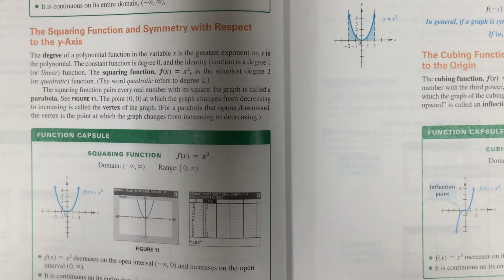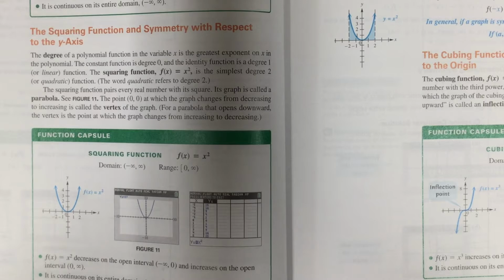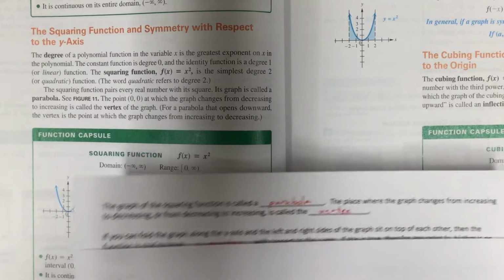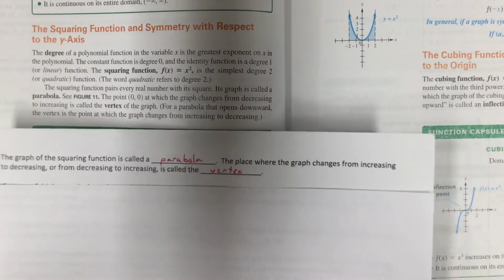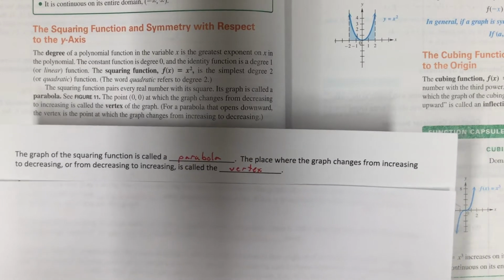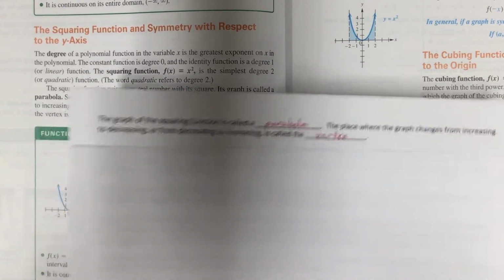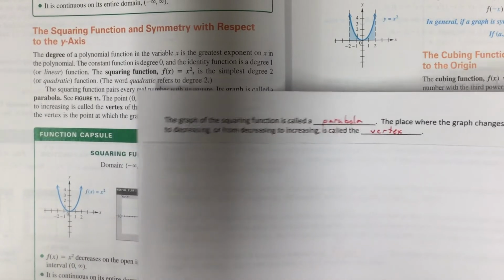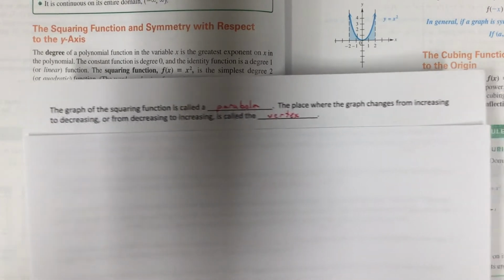Oh, actually, that's on page 2 of your notes. I apologize for that. Right here. The graph of the squaring function is called a parabola. Sorry for the shadow. The light seems to be changing on me as the sun goes down.